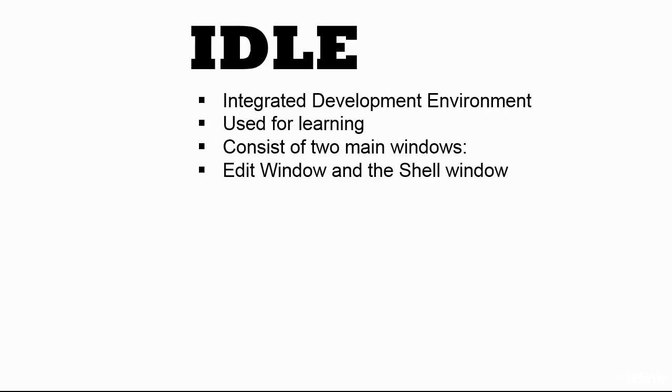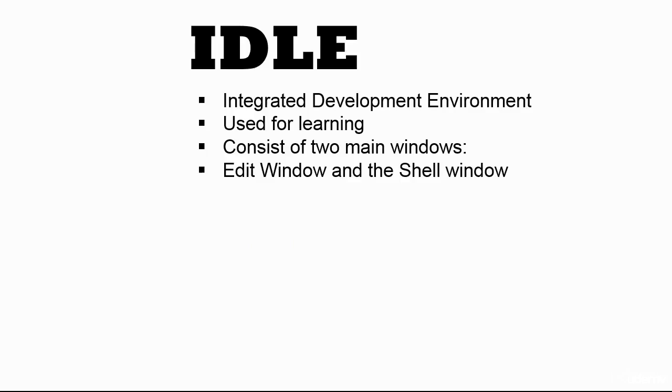I have heard people say that the IDLE was also taken from Eric Idle, who is one of the members of the Monty Python comedy group. It's a British comedy group. Their name was used to name the Python programming language. So the group as a group is called Monty Python.